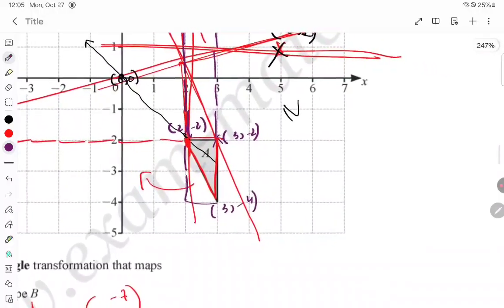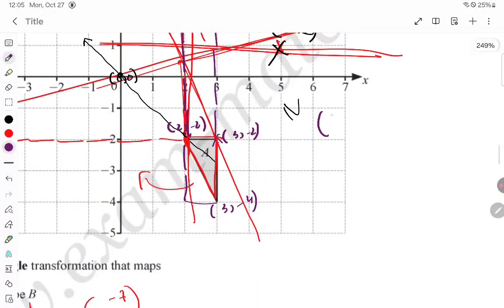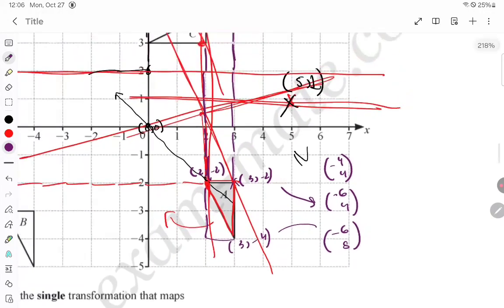Multiply with the 2, the scale will become -4 comma 4, because we are working for the second quadrant in which x is negative and y is positive. For this point, it will become 6, 2 into 2, 4. For this, 6 into 8, and x will remain negative.